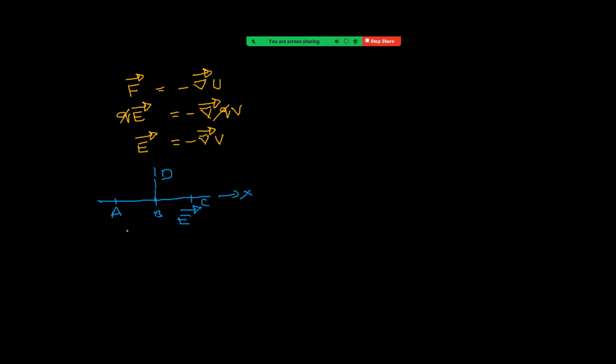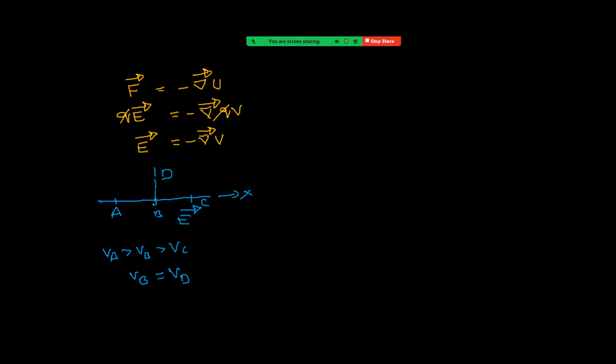Get the point. That means here what we can write: VA is greater than VB, VB is greater than VC. But VB is equal to VD, because along y-axis there is no change in potential.